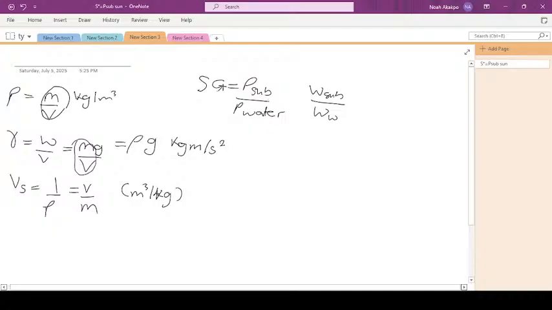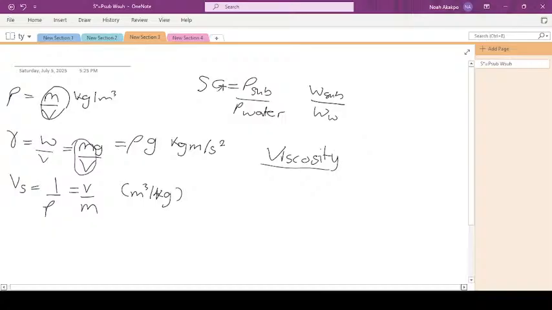Now we mentioned earlier that we are going to look at some fluid properties, and one of the first of them is viscosity. Viscosity is basically the resistance of a fluid to shear stress.